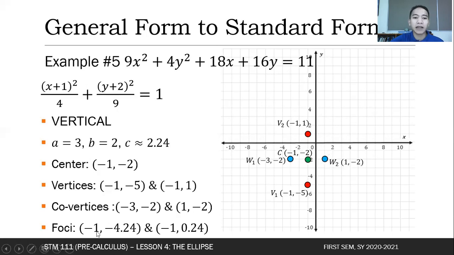Okay. Foci at negative 1 and 4, negative 4.24, somewhere here. And another 1, which is somewhere here. Yan. Kumpleto ng 7 points, pwede mo nang i-draw ang iyong ellipse. So that is how you graph an ellipse given the general form. Kailangan i-convert mo muna siya into standard form bago mo siya i-graph.